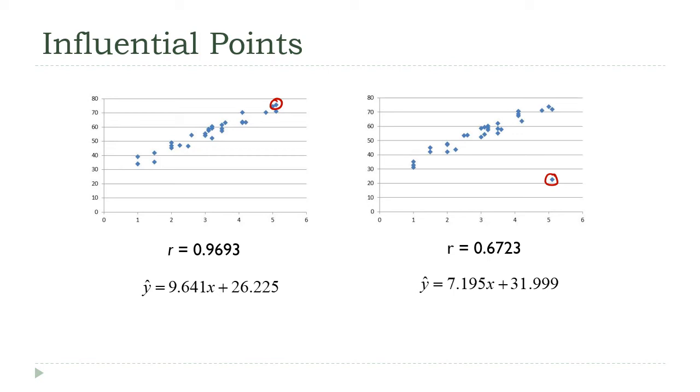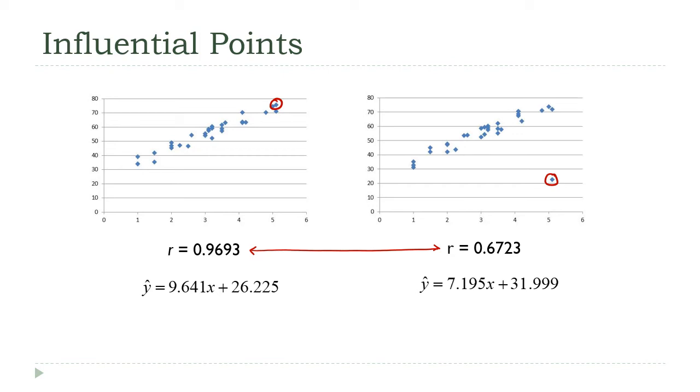If you look at the R values, changing that one value made a huge change in the R values. I'm doing this just off the top of my head here, but that's about a 30% change, about a 30% difference.